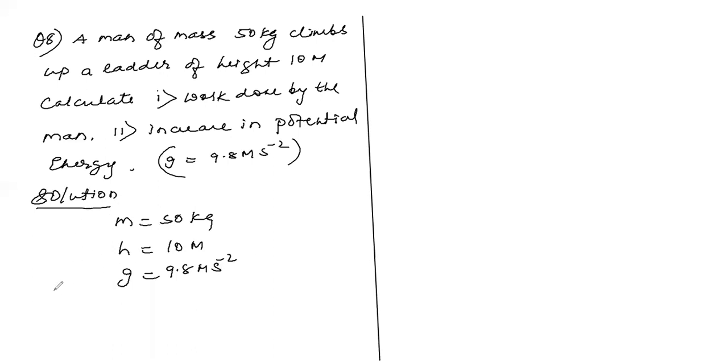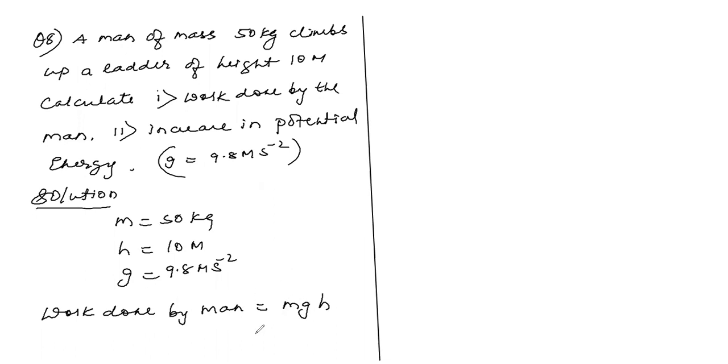Now the question is, work done by the man. Please keep it in mind, force into displacement. The force he has to use will be equal to his weight as he climbs up, so it will be equal to mg. And the displacement is height h.